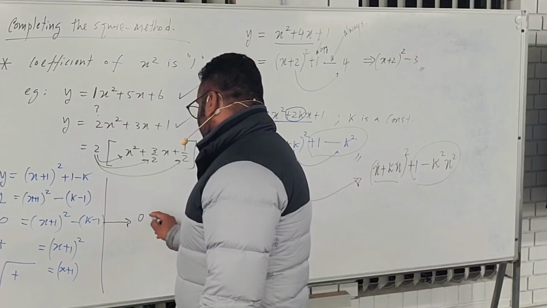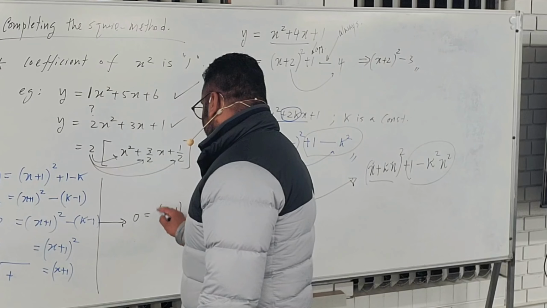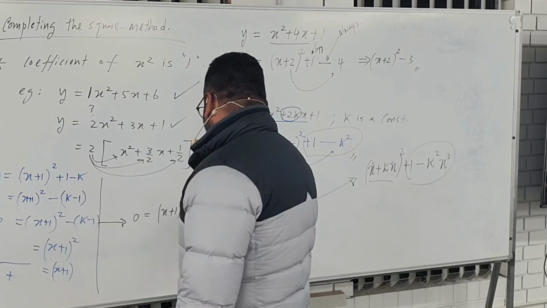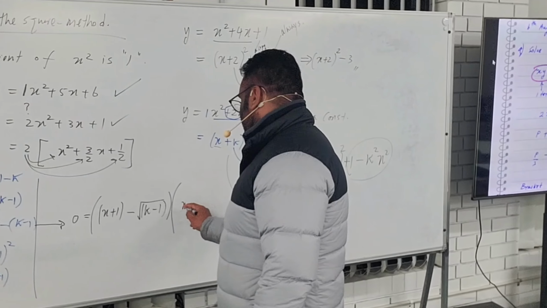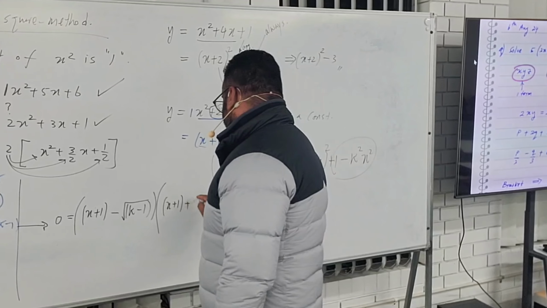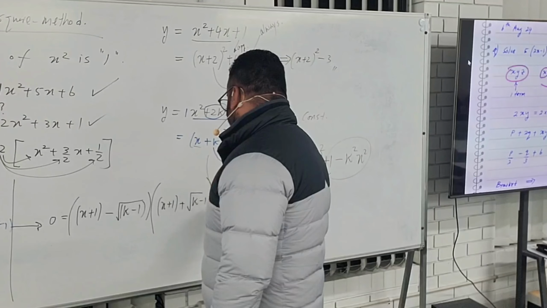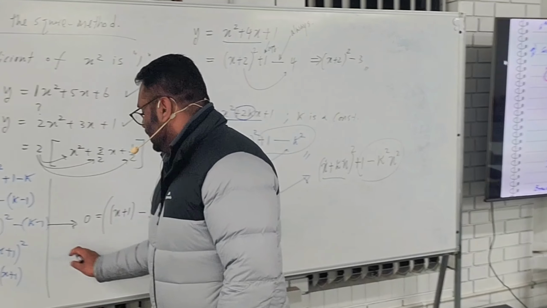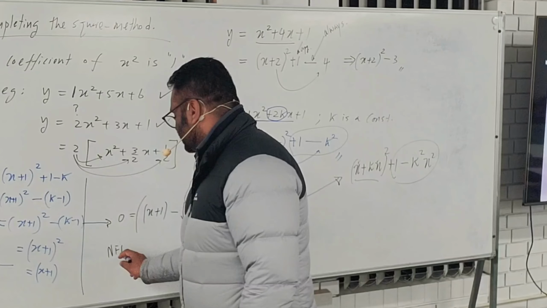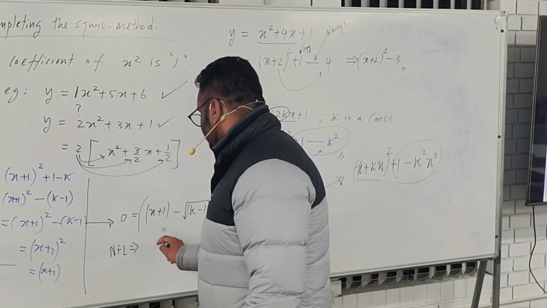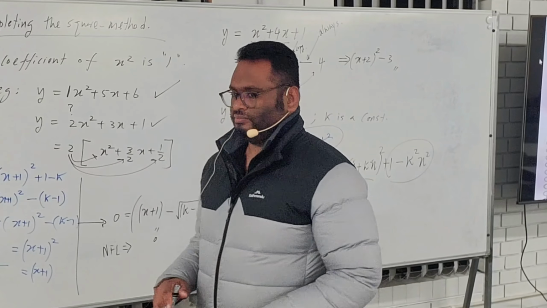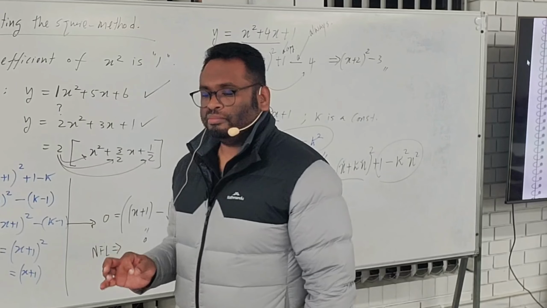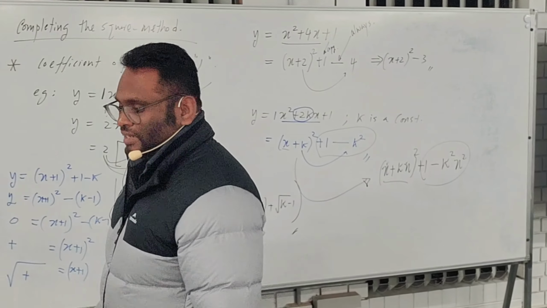So if someone wants to do this, you can write (x plus 1 minus square root of k minus 1) and (x plus 1 plus square root of k minus 1). So people can write this, and after, they can use the null factor law, equal to 0, equal to 0. Whatever I explained with this small example is very important to your knowledge. Write it down in your words.